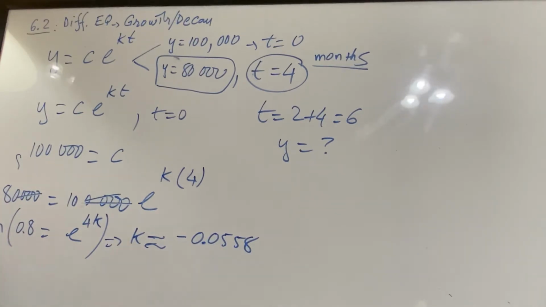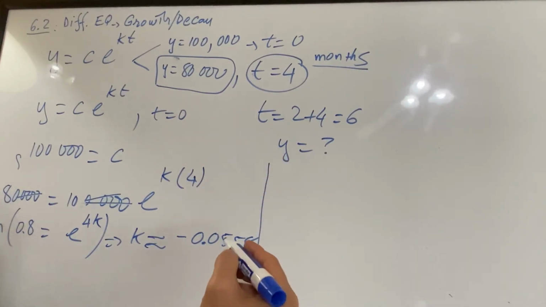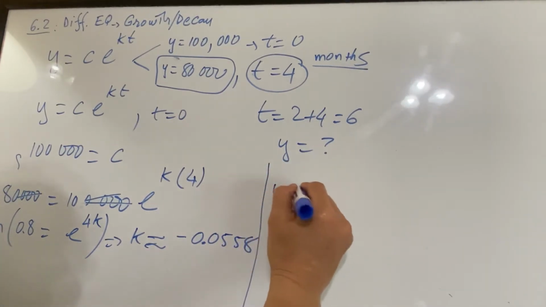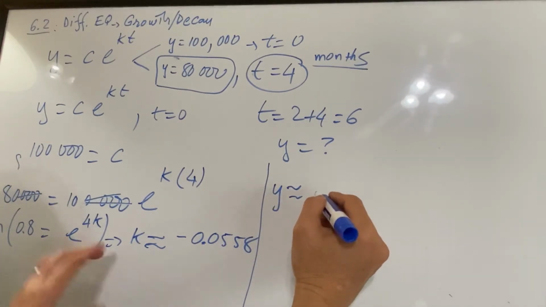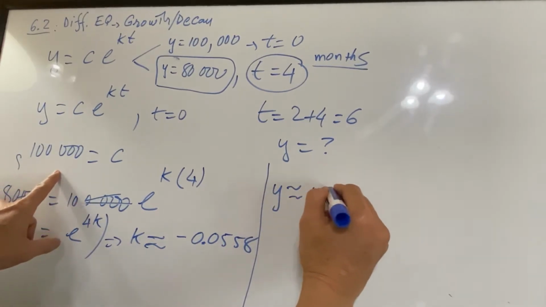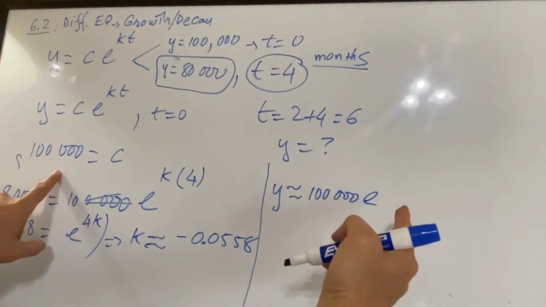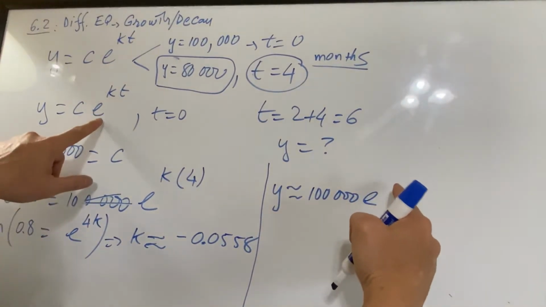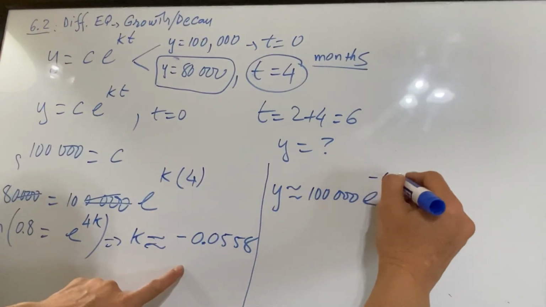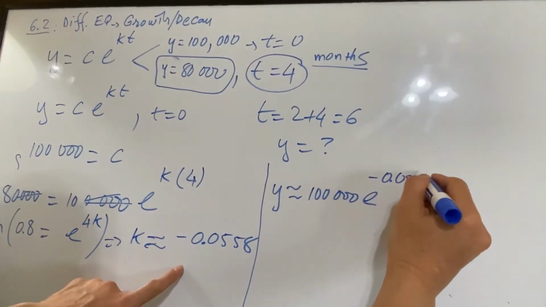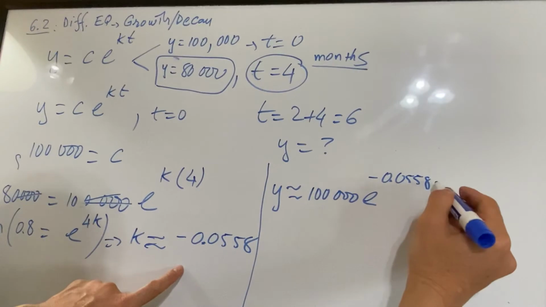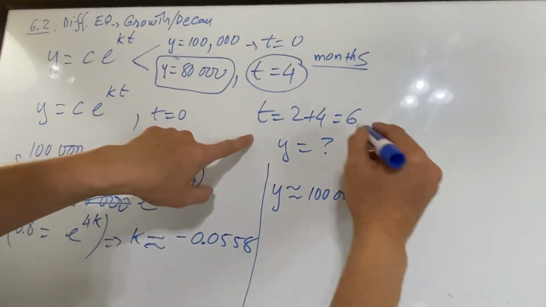So there we go. That's the value for k. Now that you know k, you can plug everything in. So y equals C, which is 100,000, times e to the k, where k is negative 0.0558, times t. t right now is 6.